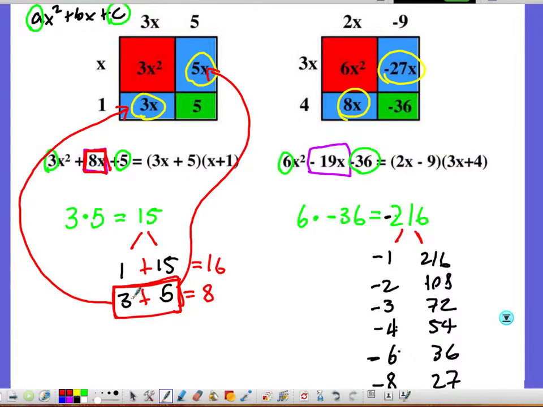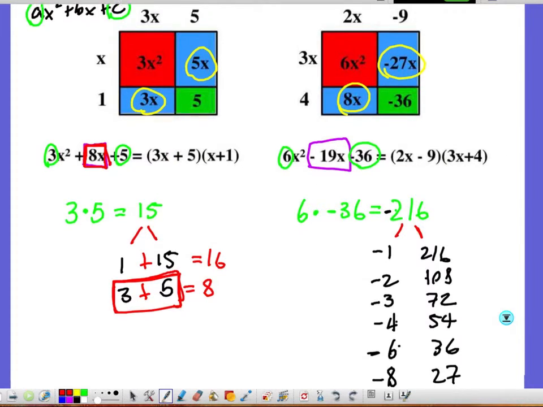All we have to do is put an x next to them, the variable that you're using, and that is how you know how to break them up. Now, how do I know to put the 3x here and the 5x here? It doesn't matter. We could have put the 5x here and then the 3x there. You're still going to get the same answer. And I'll show you an example of why it is still the same answer.